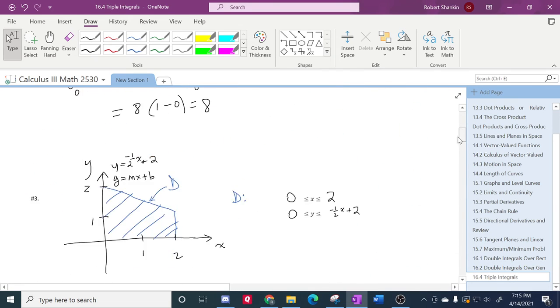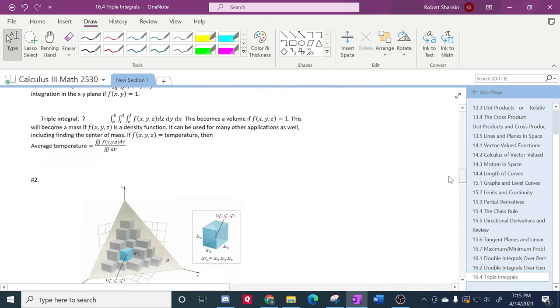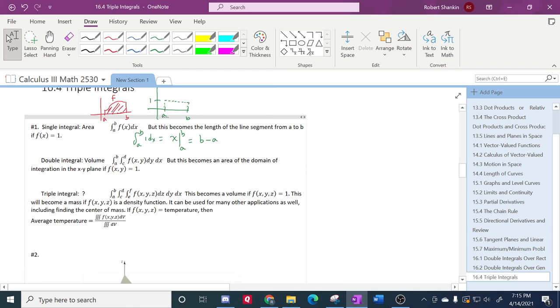It has nothing to do with the boundary that you're integrating on. The triple integral becomes a volume if f(x,y,z) is 1. It becomes a mass if f(x,y,z) is a density function, like pounds per square foot, or per cubic foot.